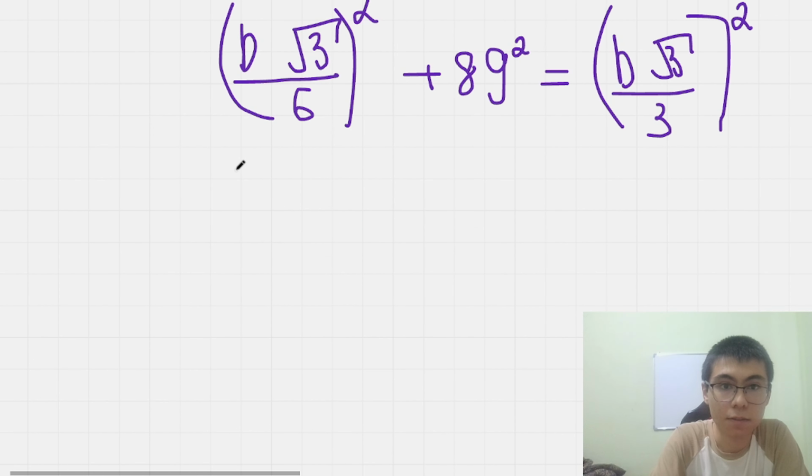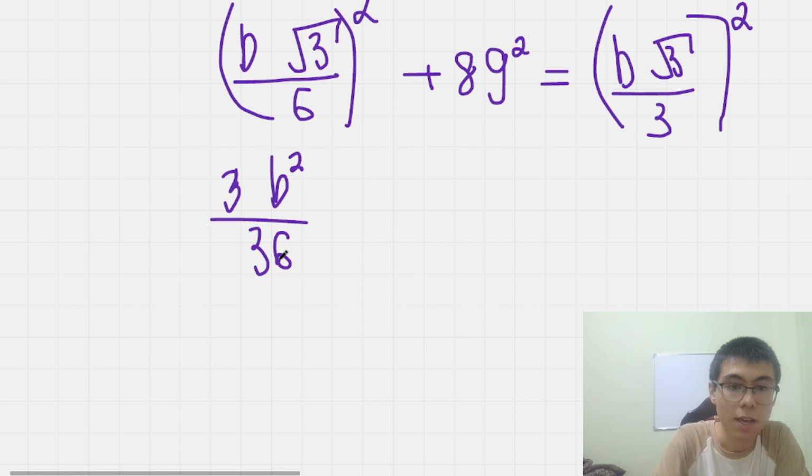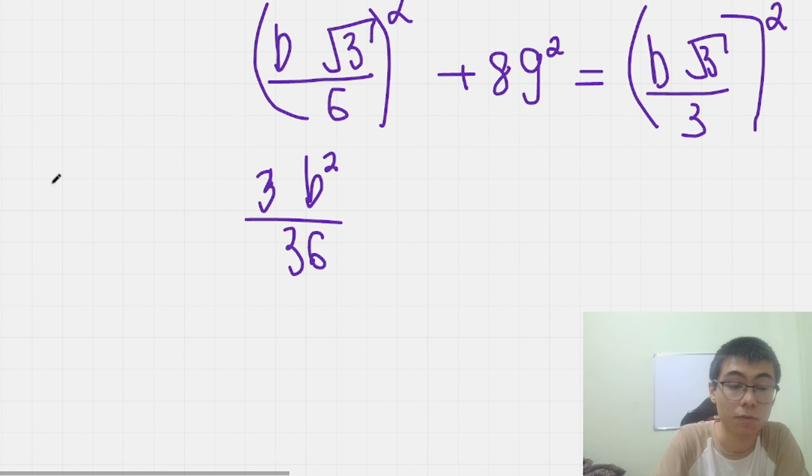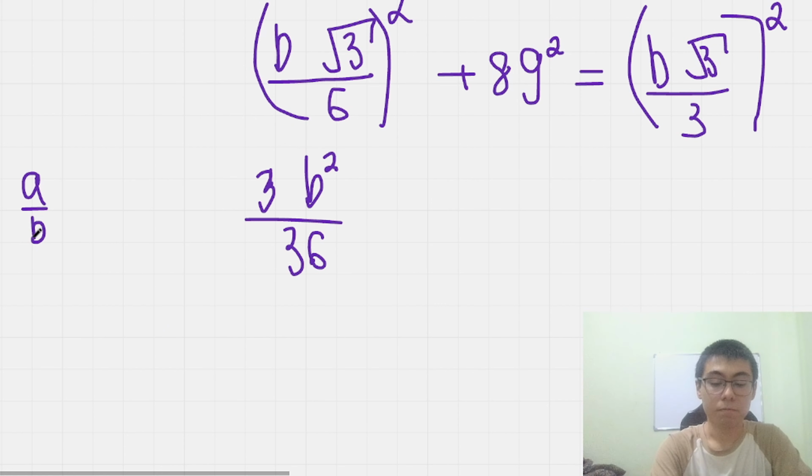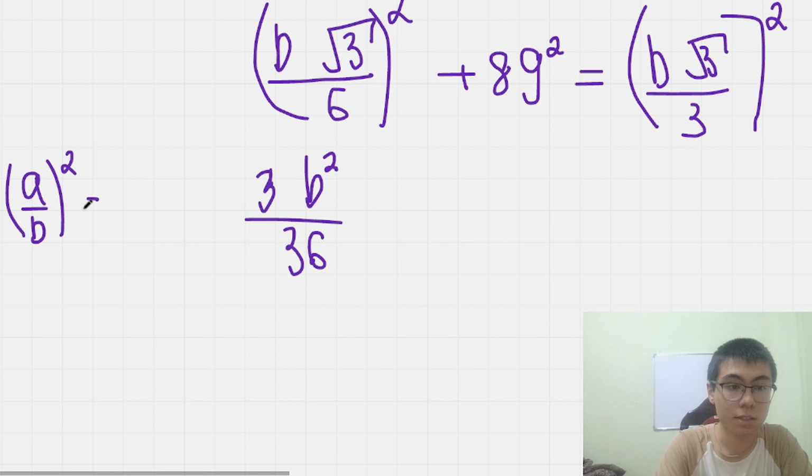So here we have 3b squared, over b squared divided by 36. And there's also something really important for you to know. If you have a divided by b and you want the power of 2 here, you definitely need to apply the power to both a and b squared.